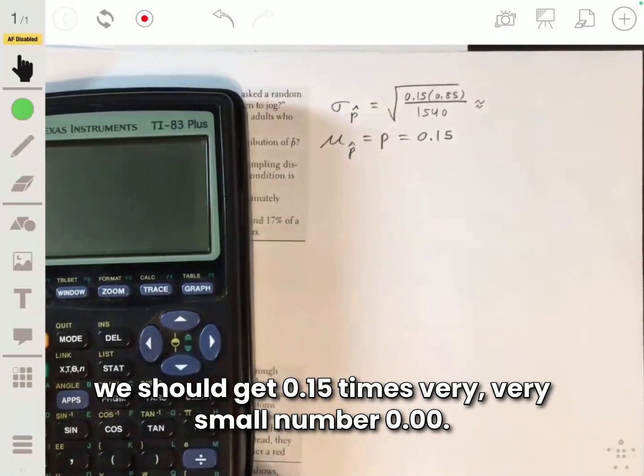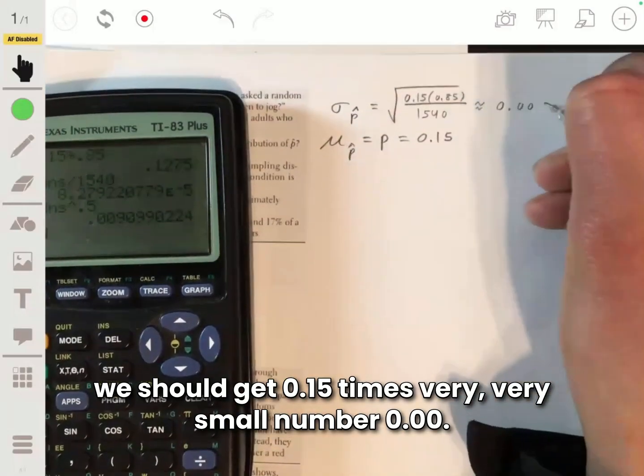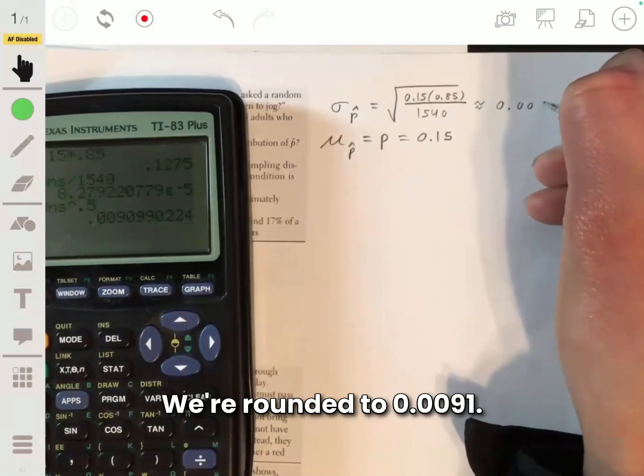And we should get a very, very small number, which we'll round to 0.0091.